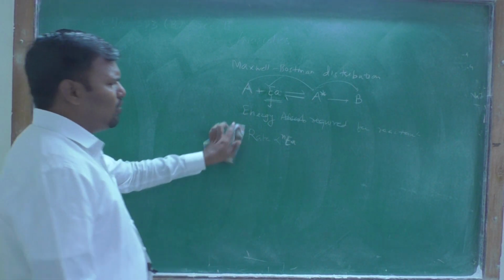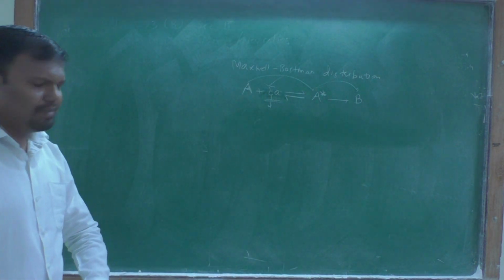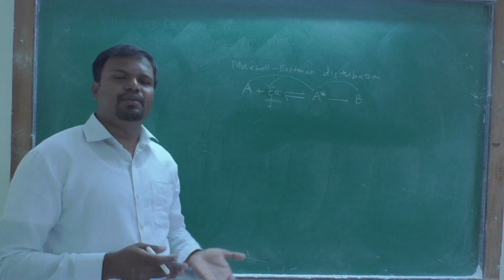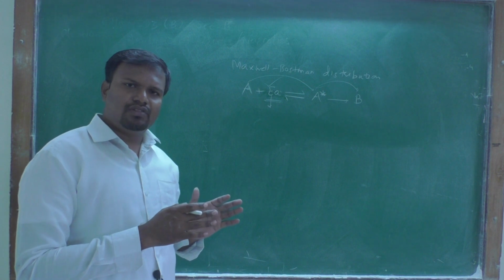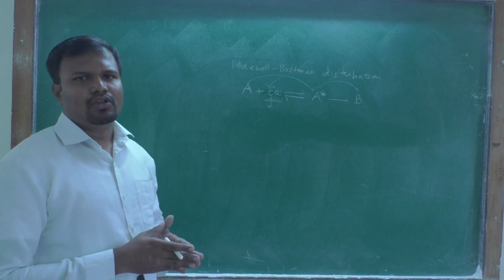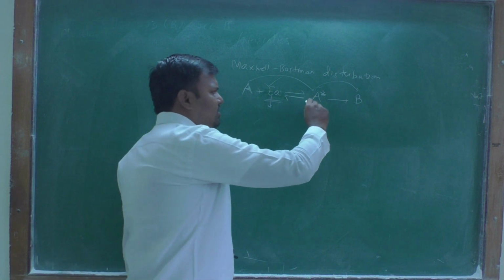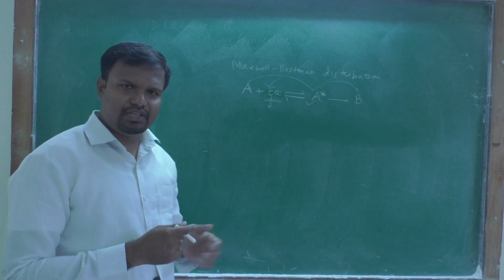Okay, now the Maxwell-Boltzmann distribution gives what fraction of reactant will have this energy and be activated, forming the activated complex.